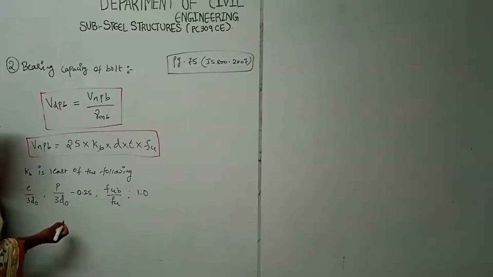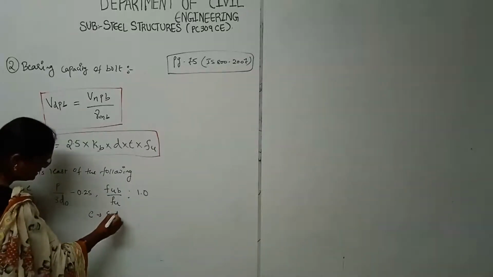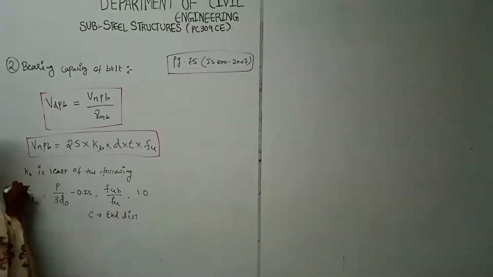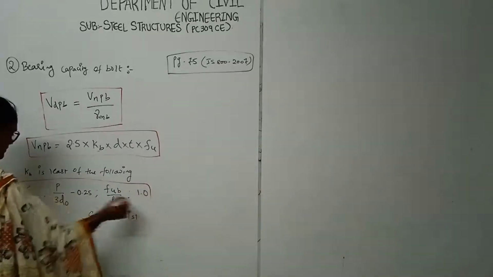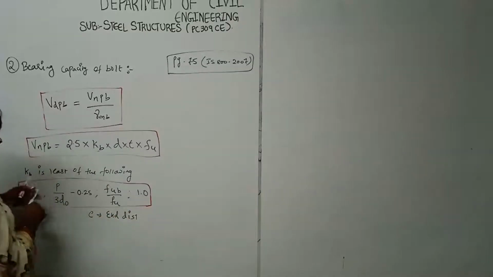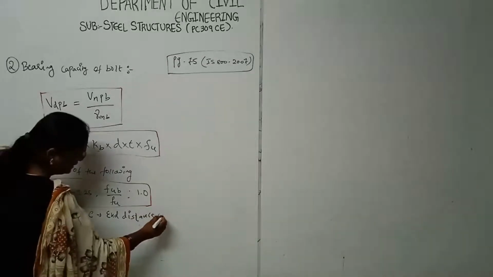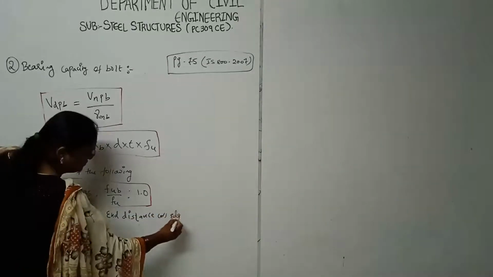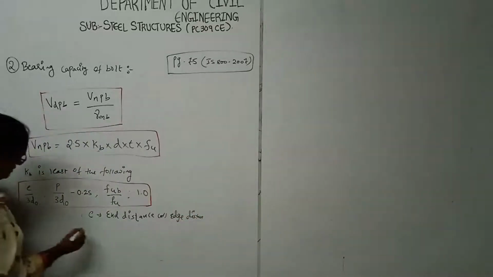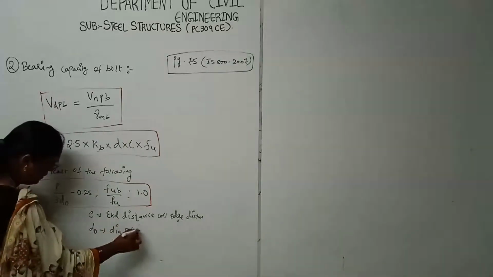So here, what is actually e? e is end distance or edge distance. Then what is d_0? d_0 is the dia of the hole.